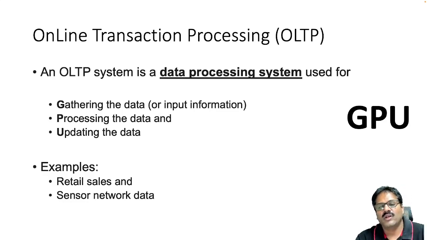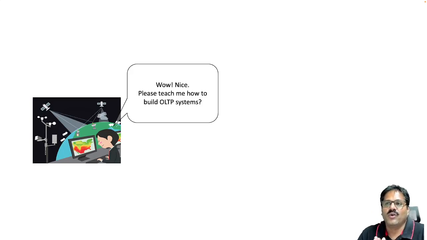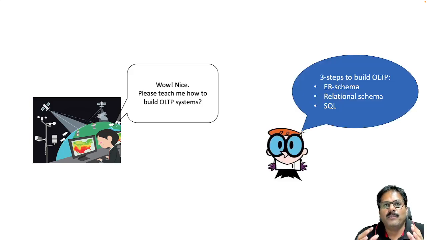Now the key question is, I have data and there is software called an online transaction processing or database management system. How do I build OLTP systems? To build an OLTP system, we should understand three important topics, step by step.